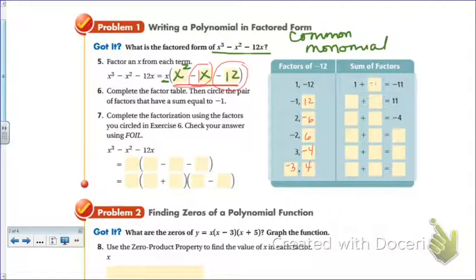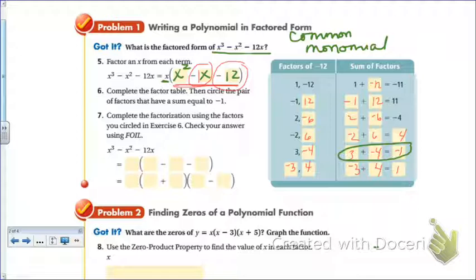And then the sum: 1 plus -12 is -11, -1 plus 12 is 11, 2 plus -6 is -4, -2 plus 6 is 4, 3 plus -4 is -1, and -3 plus 4 is 1. So we do have a pair that gives us a sum of -1, and that's 3 and -4.